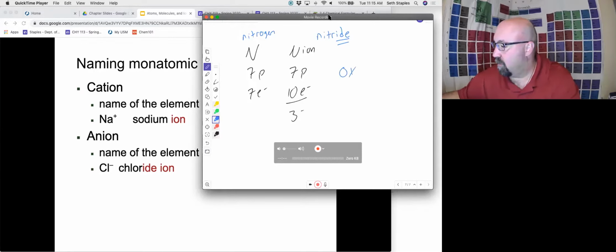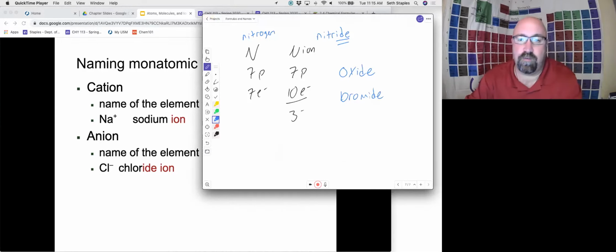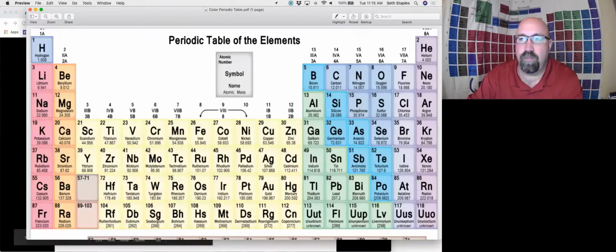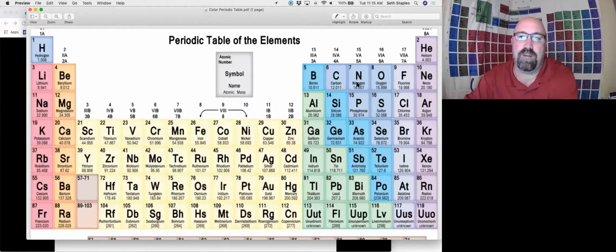Oxygen is going to become oxide. Something like bromine is going to become bromide, and so forth. Any of our non-metals that are going to form those ions, that's how we're going to name them: nitride, phosphide, oxide, sulfide, selenide, fluoride, chloride, bromide, iodide, and so forth.